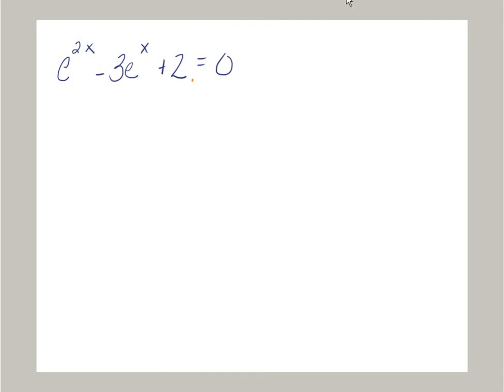So instead, what I want to do is identify the fact that this is quadratic. Suppose I let a be e to the x. Then I can rewrite this as a squared minus 3 times a plus 2 is 0. And that is so clearly quadratic.